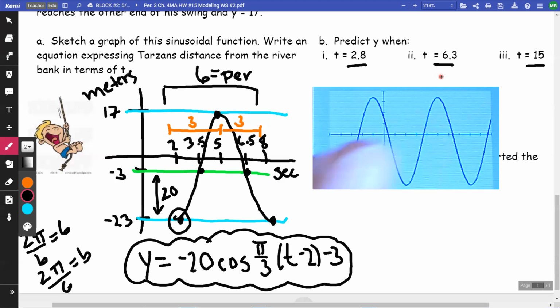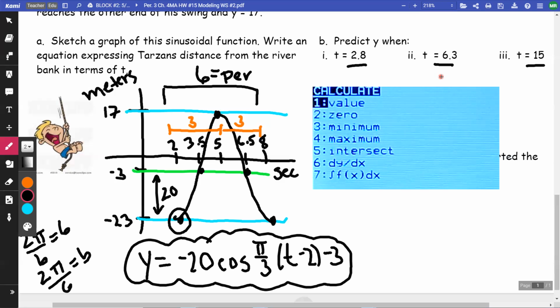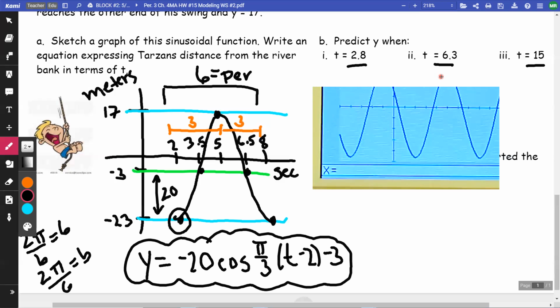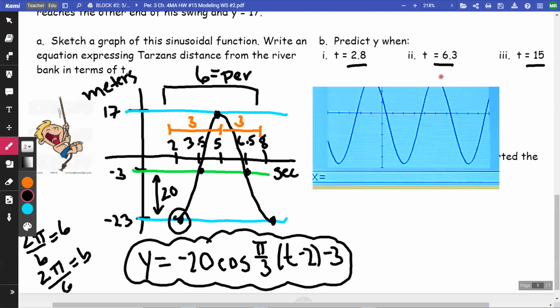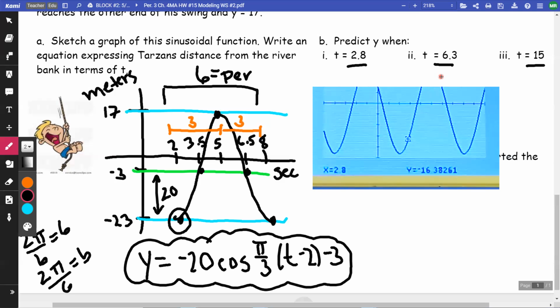Now, if I want to find each of these values, I can go to second, calc, go to value, and as long as the x I'm looking for is in my screen, I can put it in. So 2.8 is going to be, and that is a negative, you can see it's showing down where it is, negative 16.38.